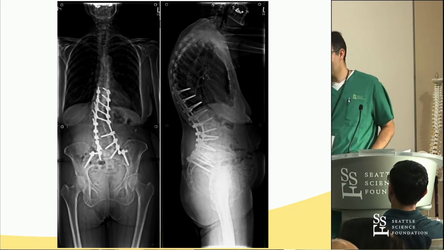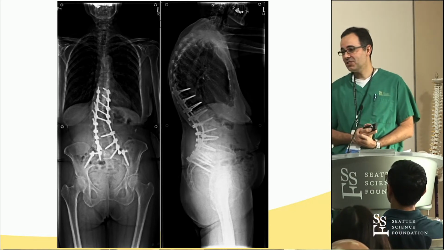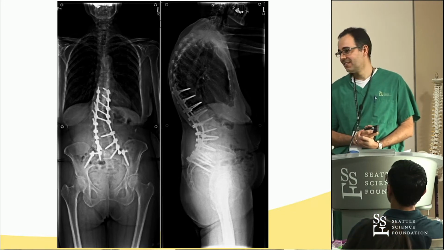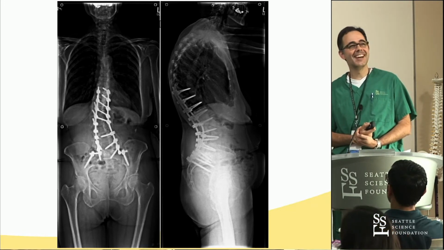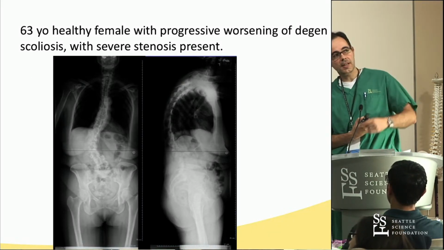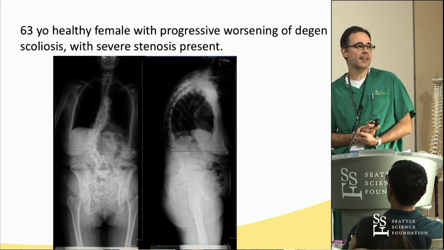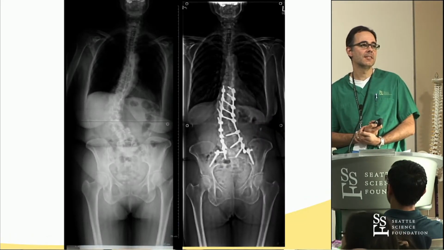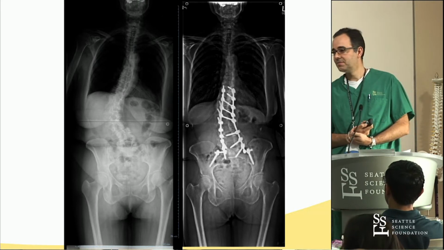This is 5 years out. Oh, really? Wow. So she has not developed PJK, even though it looks like she's going to. If you look at her curve, that's what she looked like pre-op, and she's living at that, so she's doing okay. We have a high incidence of PJK here at Swedish.